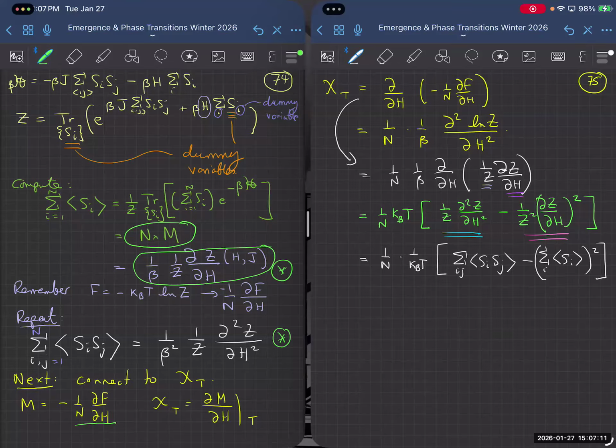So let's just see how this is related to the susceptibility. So this is 1/N, 1/k_BT, and then the sum over i and j of this two-point correlation function of R_i and R_j. And this result is an exact result.